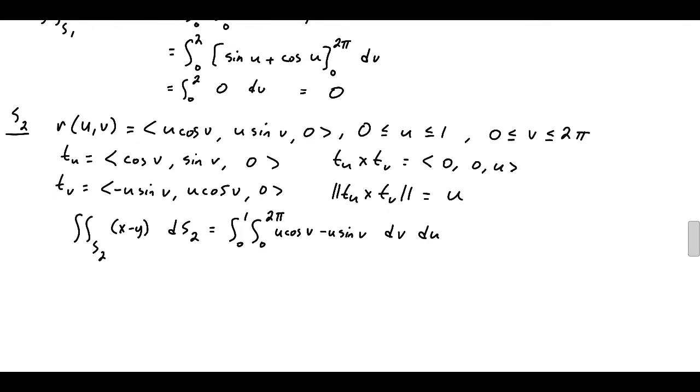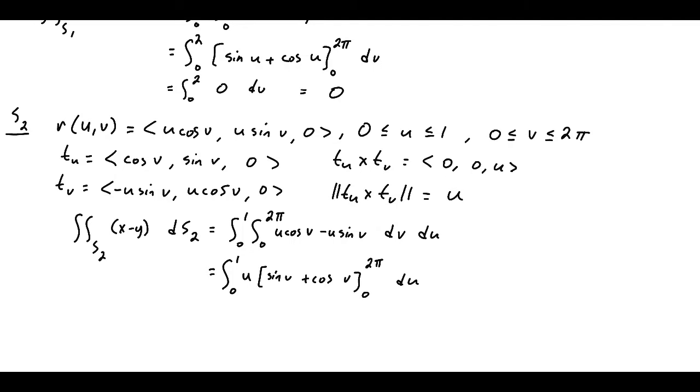Now the inner integral, evaluating that, means our whole expression is the integral from 0 to 1 of u multiplied by sine v plus cosine v, evaluated from 0 to 2 pi, and that is still with respect to u.